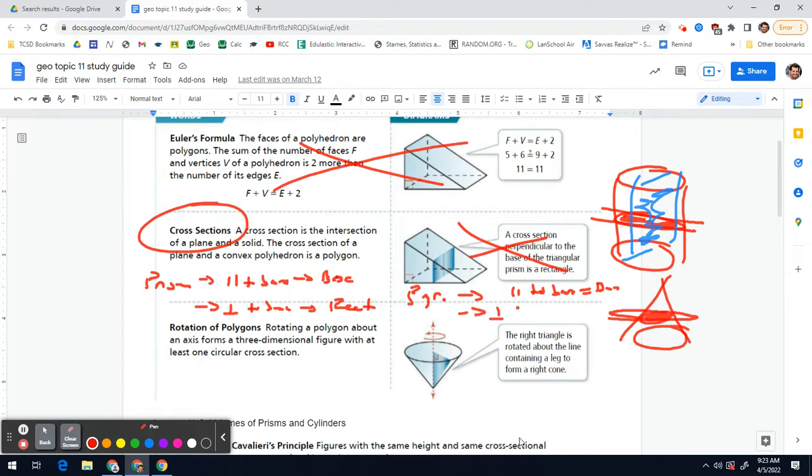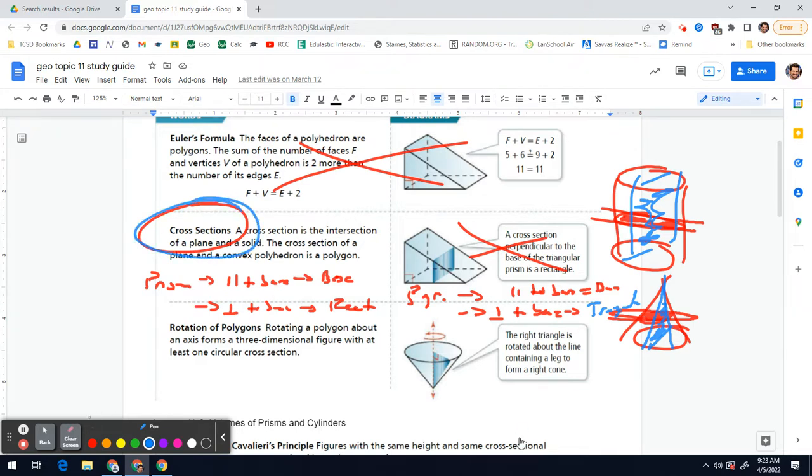But if you're perpendicular to the base in a pyramid, going through this point, you'll see that it forms a triangle. Because a pyramid comes to a point at the top, its lateral faces are triangles. So keep those in mind when you talk about cross sections.